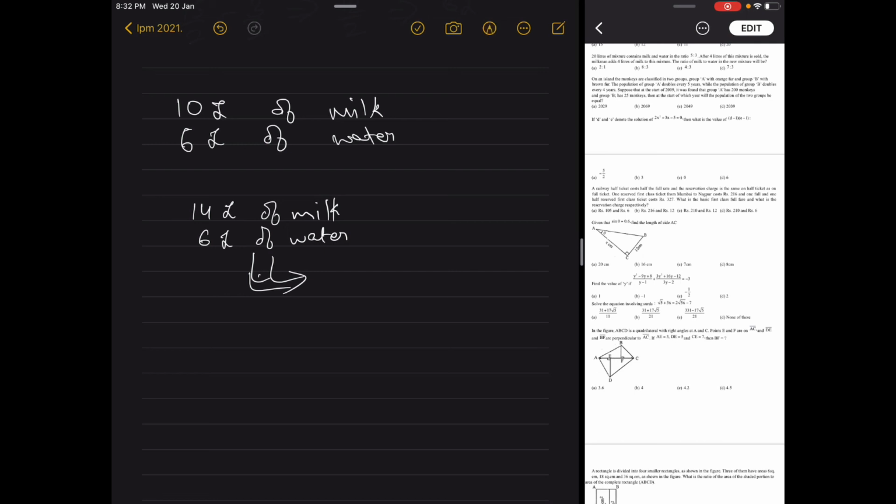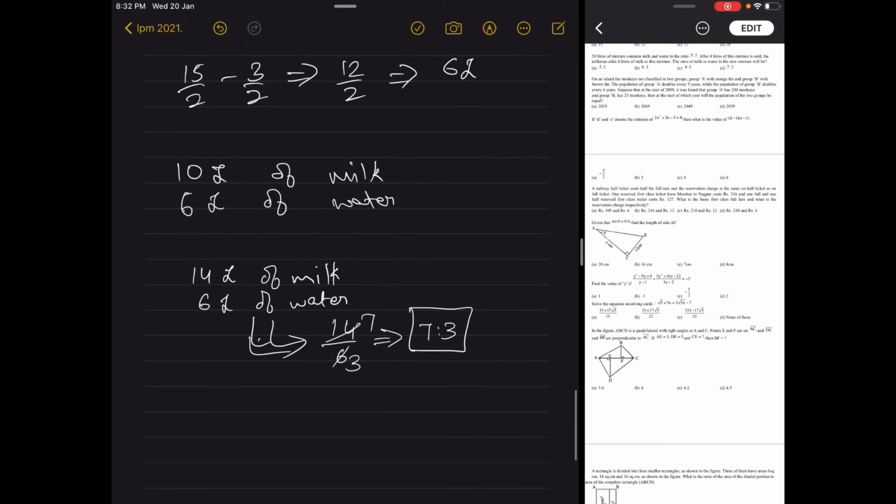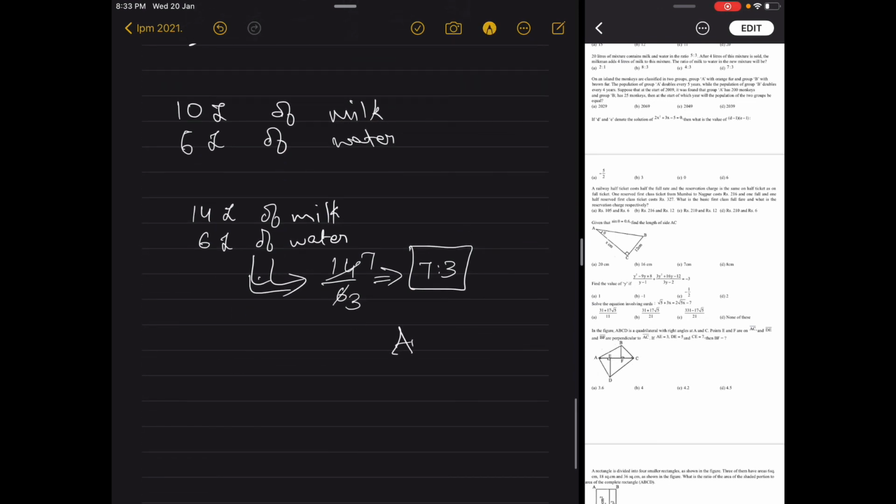It took us such a long time to figure it out. So the new ratio would be 14 by 6, which is 7:3. Okay, so the answer would be D.